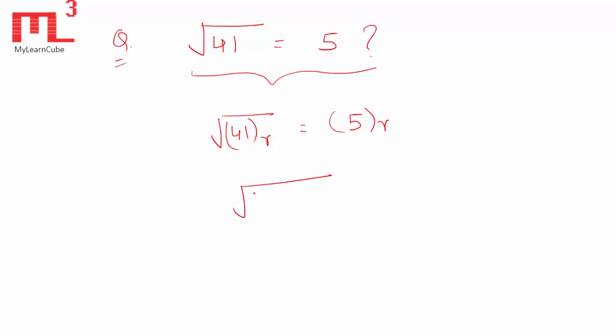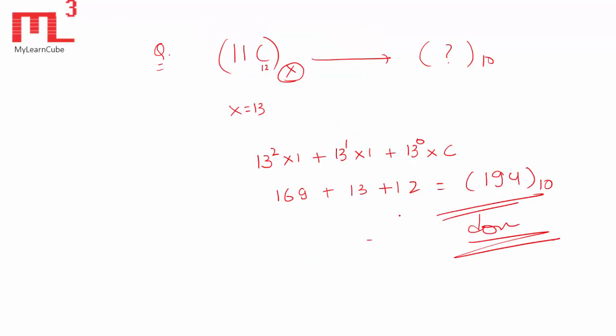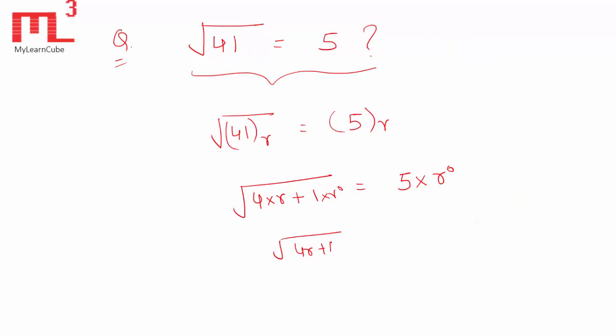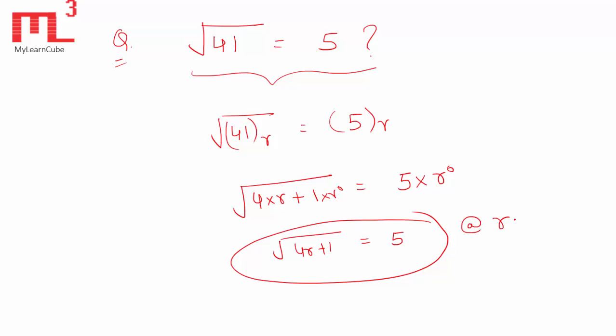Converting this into decimal will give 4 into R plus 1 is equal to 5 into R to the power 0. It will give you 4R plus 1 is equal to 5. And simply you can see that only at R is equal to 6 does this equation hold.